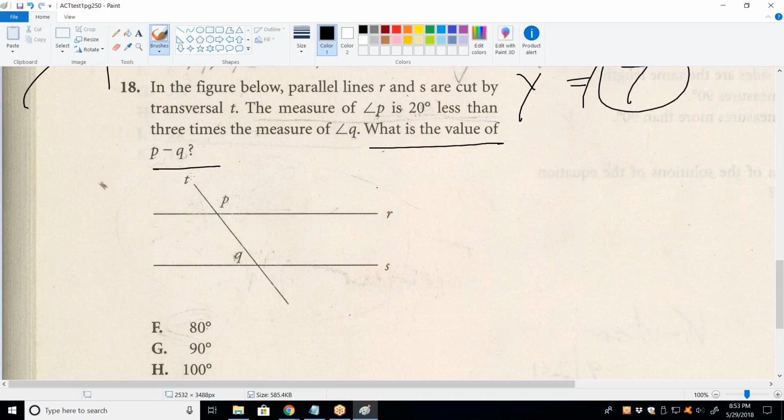They're asking for the value of two things being subtracted. So it's going to be really hard to go through the answers and try to figure out, in other words, back solving doesn't work when you have these kind of questions. Okay.